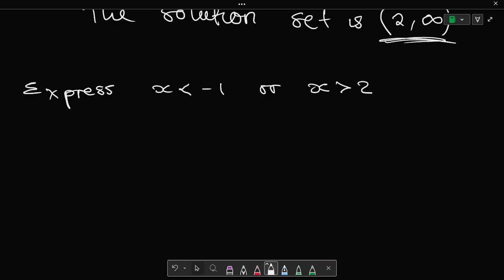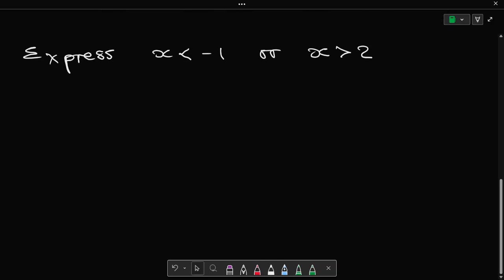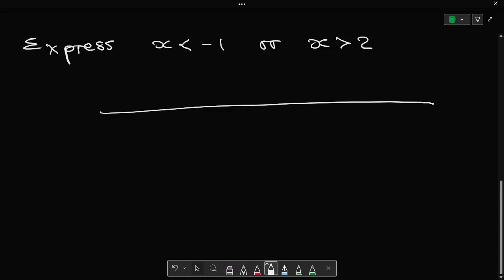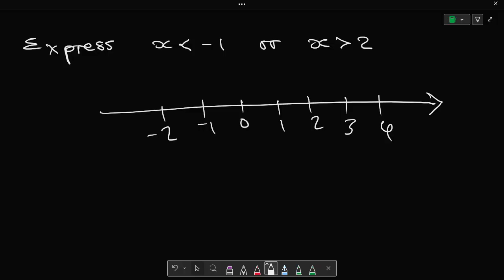Basically how you present this is, you go on the number line. So you draw a number line. Let's say our 0 is here. We have 1, 2, 3, 4. We have -1, -2, -3. It's a number line.